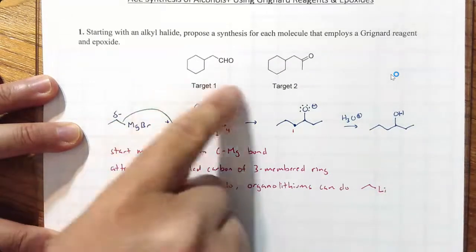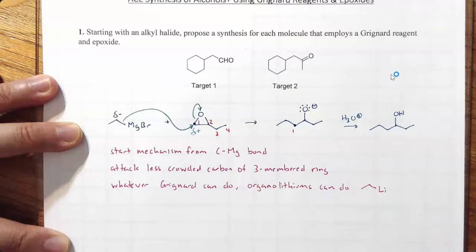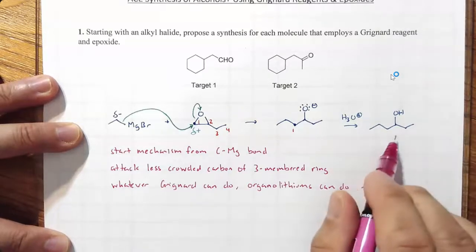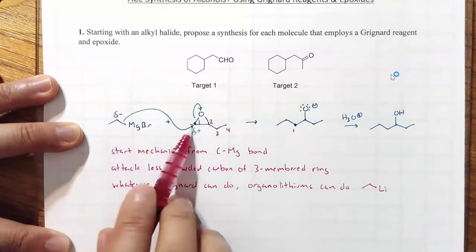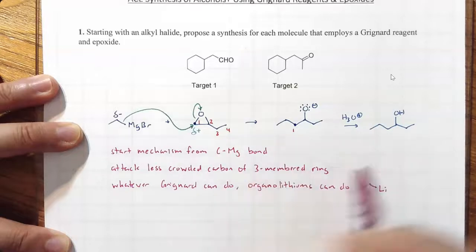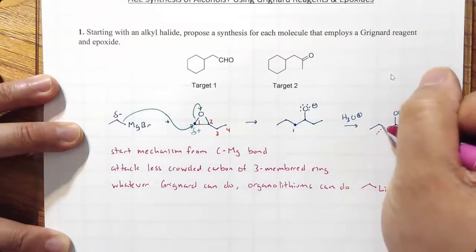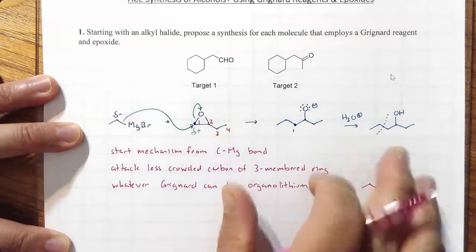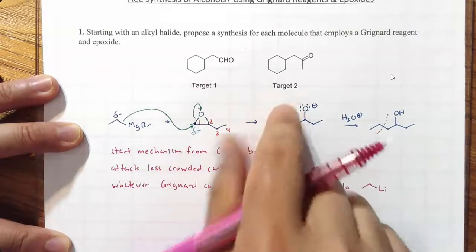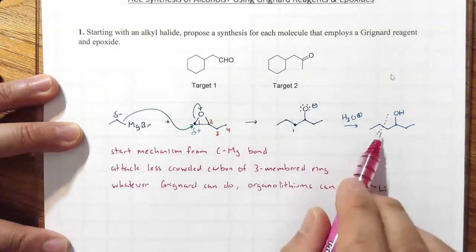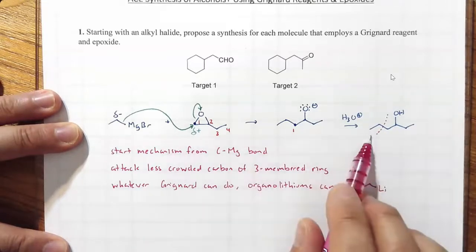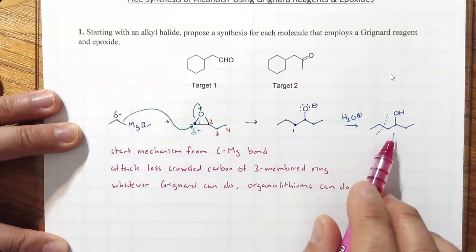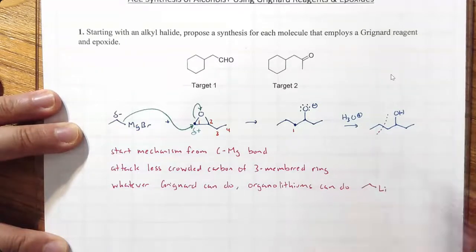Now before we look at the two targets, the other thing I want to emphasize is that we have a functional group here, but the bond was not made to this carbon. See, the bond was made between this second carbon and this carbon number 1, right here. So that bond is that bond. So we're going to use that strategy and look at our targets and ask ourselves which bond was made, and then what kind of Grignard did we have, and what kind of epoxide we had.